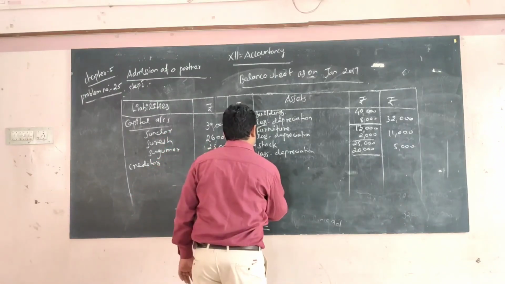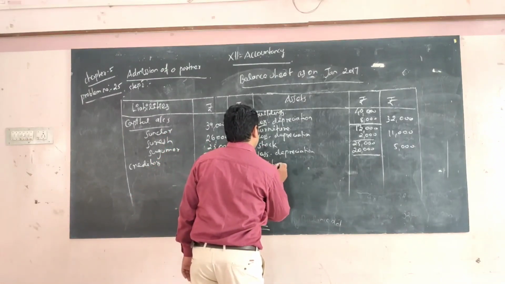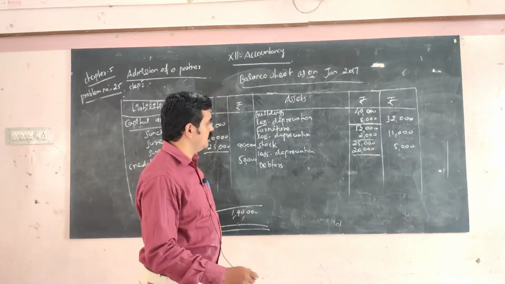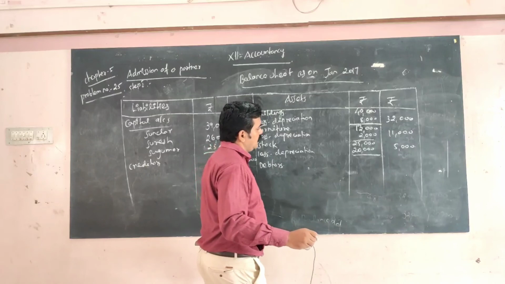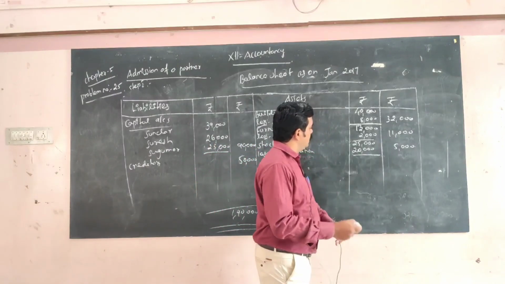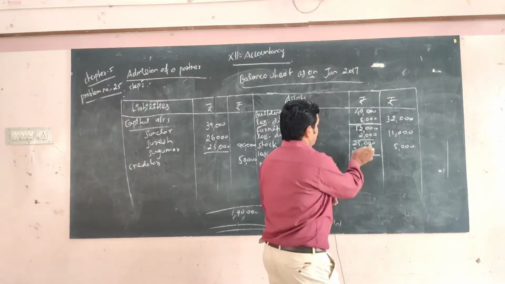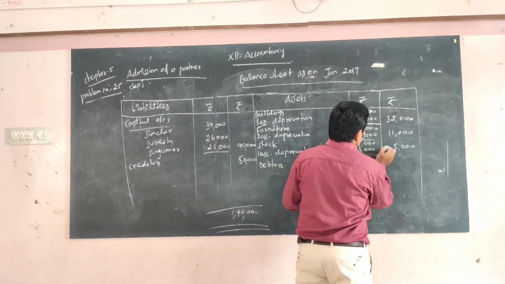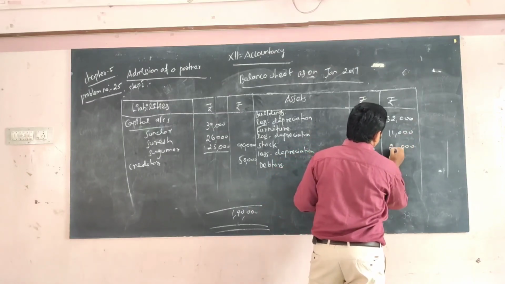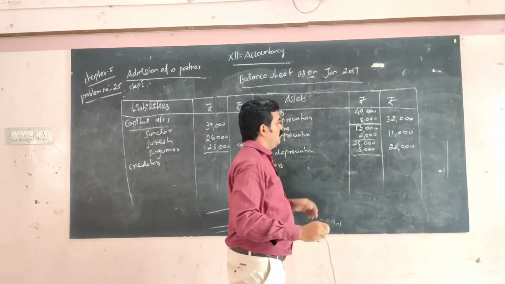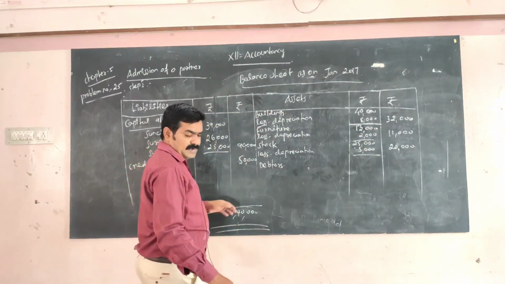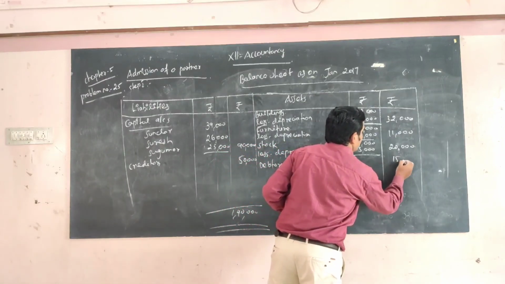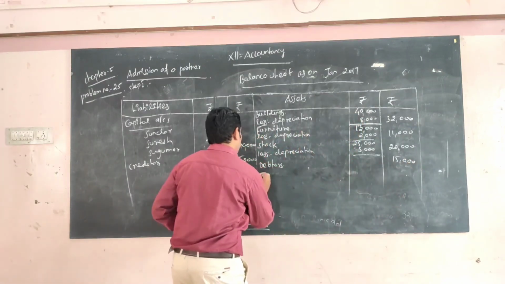Next, debtors. What is the value? Debtors 15,000.